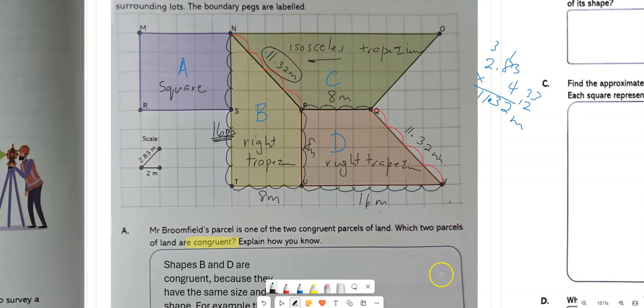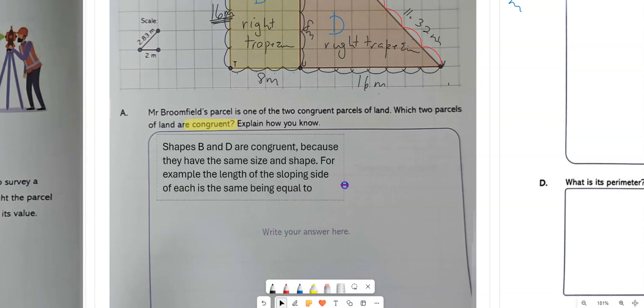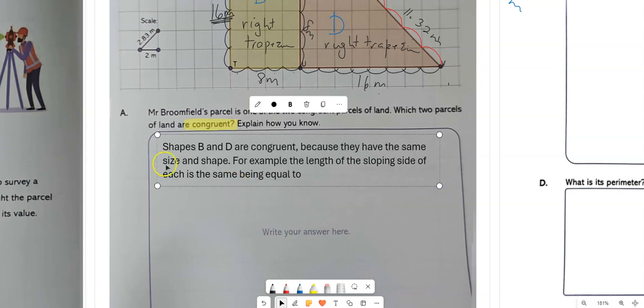And if we wanted to, we could give some more details in this, right? So we say, for example, shape B and D are congruent because they have the same size and shape. For example, the length of the sloping side of each of them is the same, being equal to, and we could write now 11.32 meters.